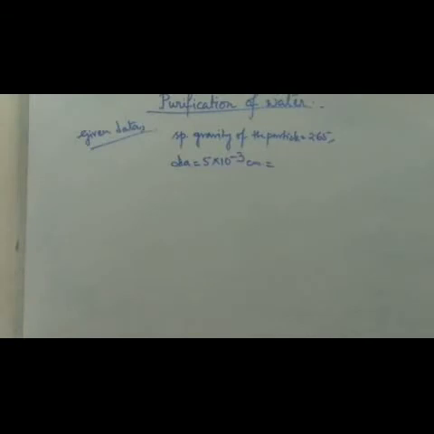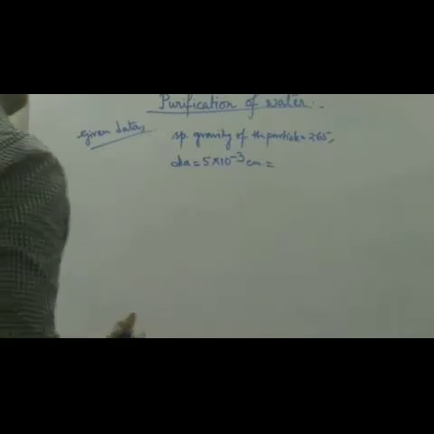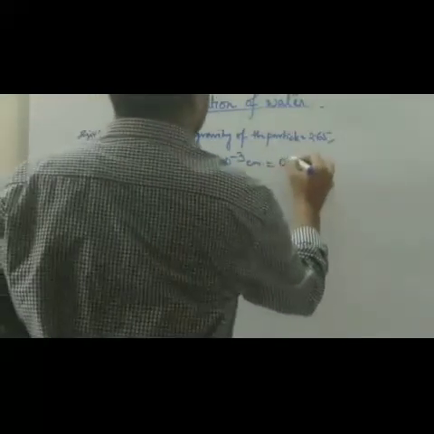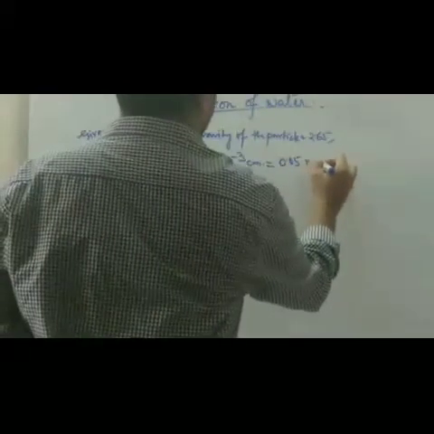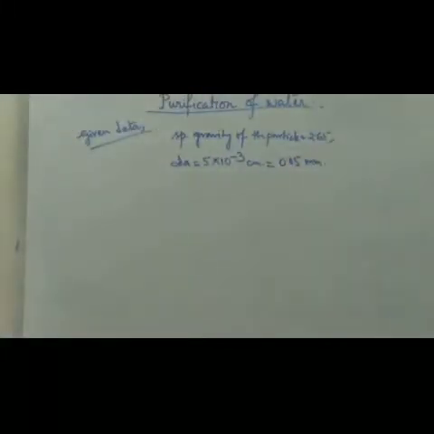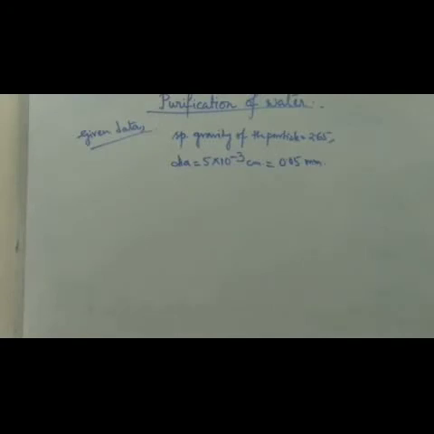It means that if we convert it into millimeter, then it will be 0.05 millimeter. So this is the dia of the particle. And what is the kinematic viscosity?